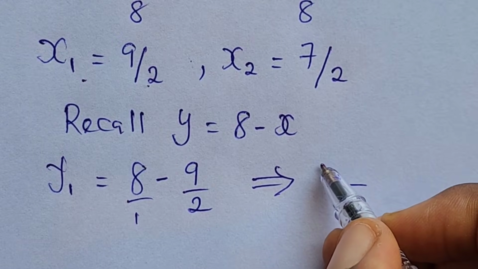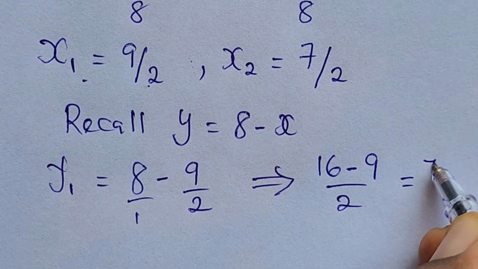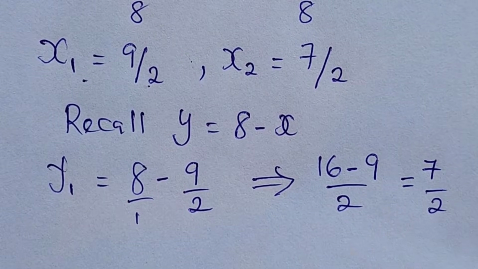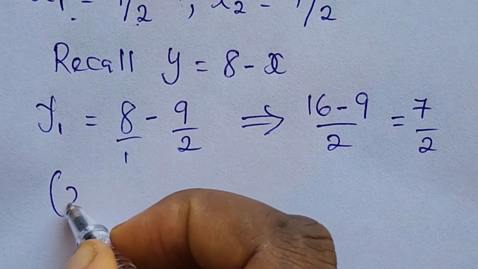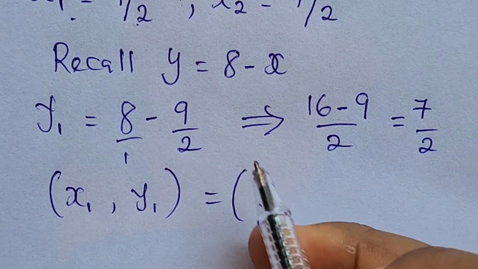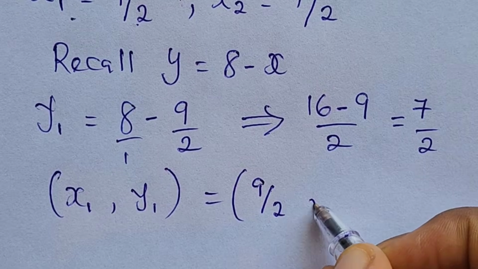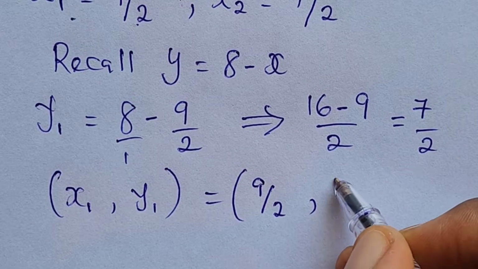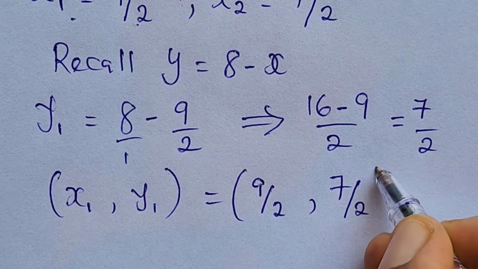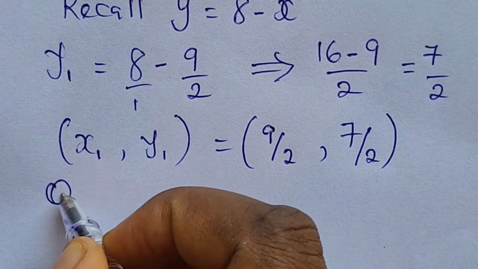We have 16 minus 9, which is equal to 7 over 2. We have x1 and y1 to be equal to, our x1 is 9 over 2 and our y1 is 7 over 2. Now let's recall our question.